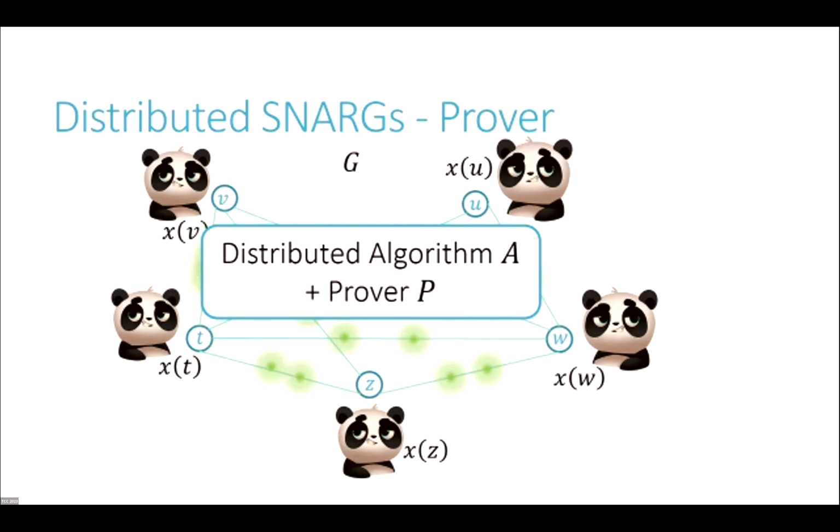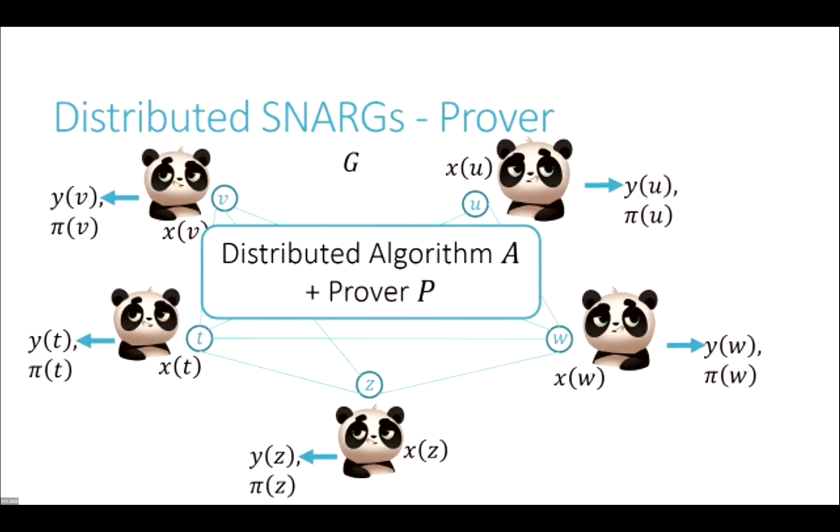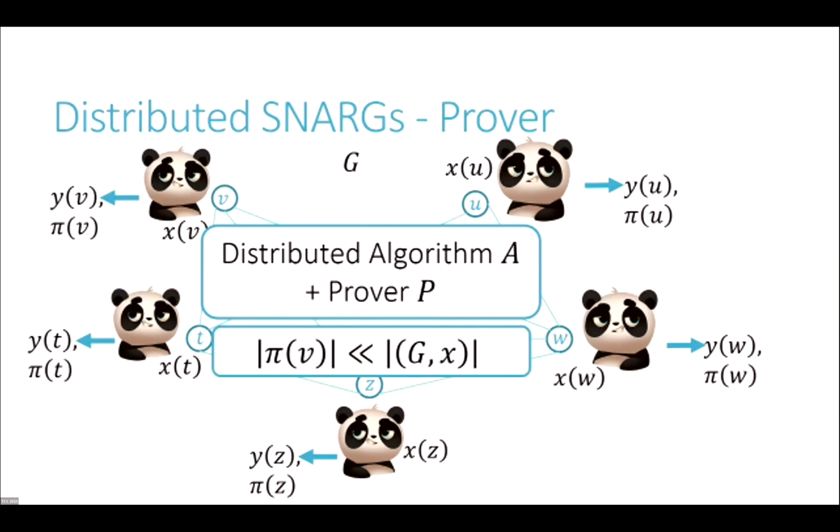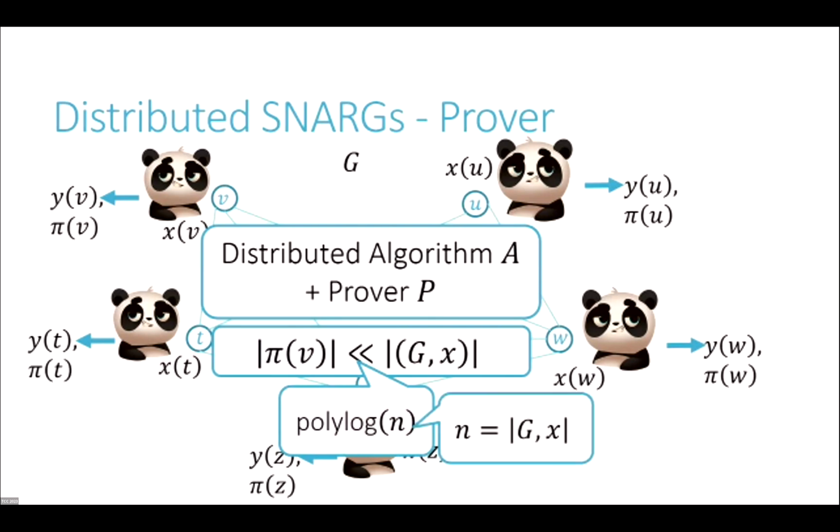So a prover runs alongside the distributed algorithm, and it outputs in each node a certificate alongside the original output of the algorithm. These certificates, we want them to be succinct, and we consider succinctness as polylogarithmic in N, where N here is the combined size of the network itself and the inputs to the nodes.